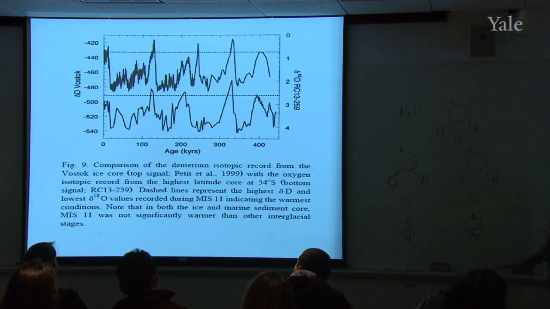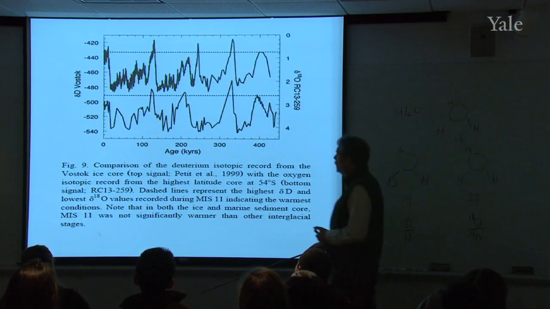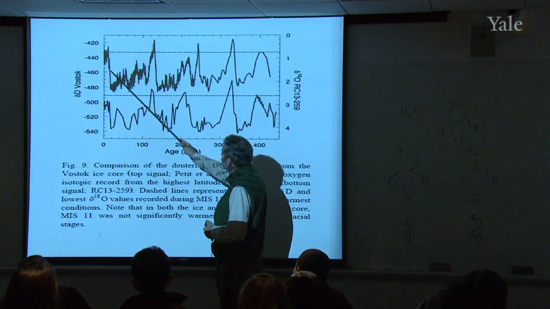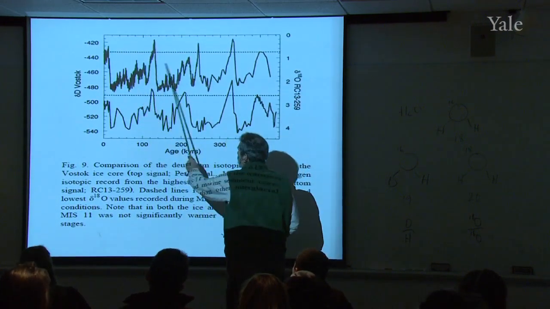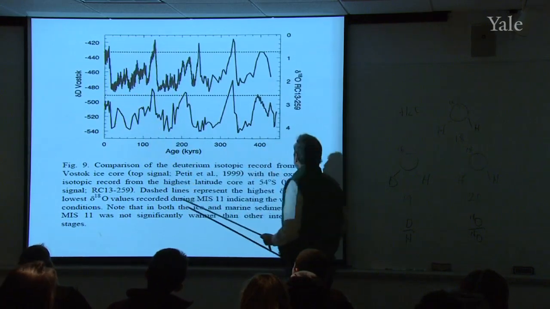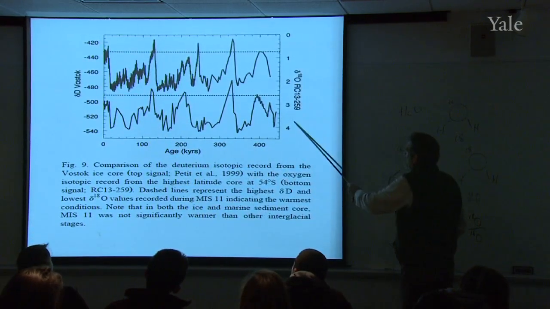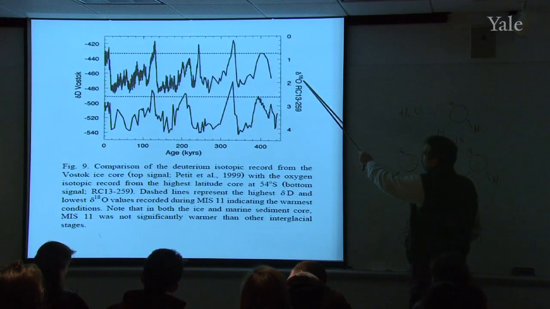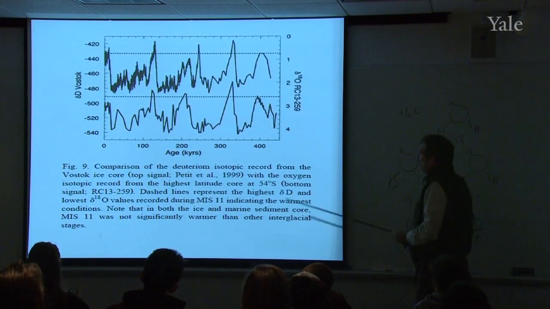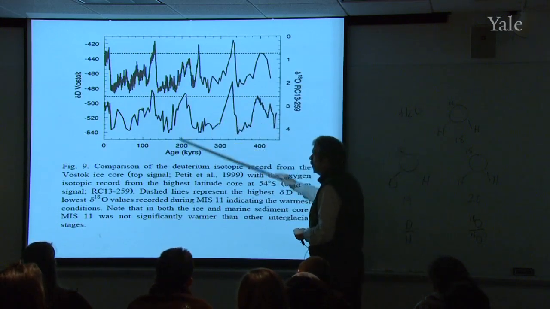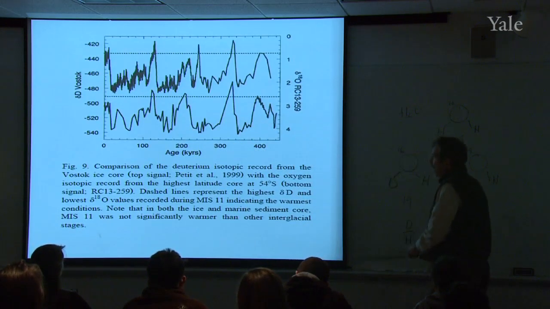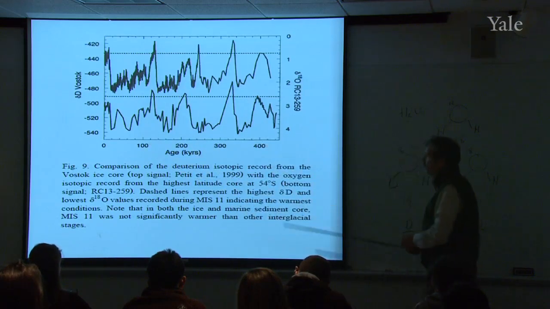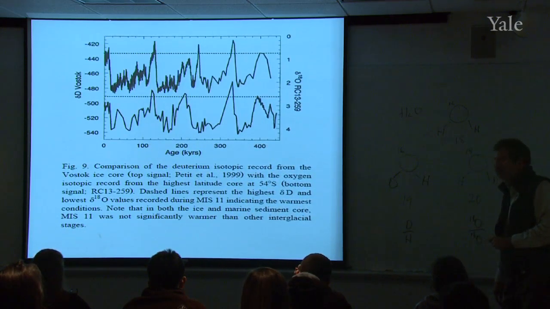So here's the comparison. Vostok delta D is plotted in the upper panel, and the scale is on the left. This deep sea sediment core, which is represented as delta O18, is plotted on the right, and it's the lower panel, and the time scales are matched up, so we can go back 400,000 years into the past for both of these records.